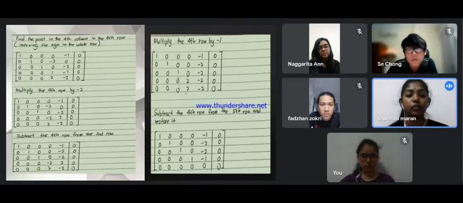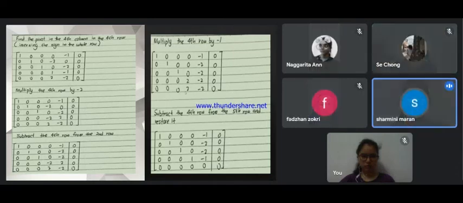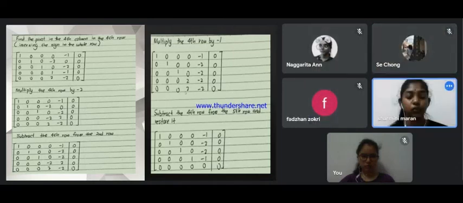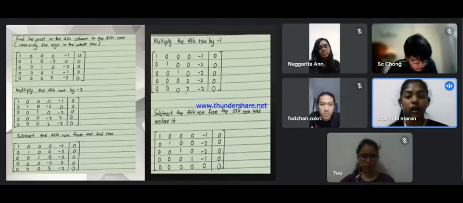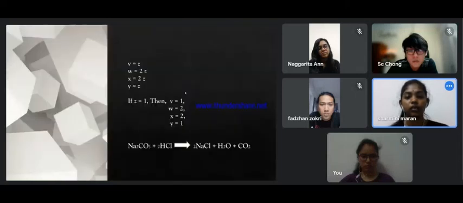And after that find the pivot in the fourth column in the fourth row, inversing the sign in the whole row, and then multiply the fourth row by -2, and then subtract the fourth row from the second row, and then multiply the fourth row by -1, and finally subtract the fourth row from the fifth row and restore it.